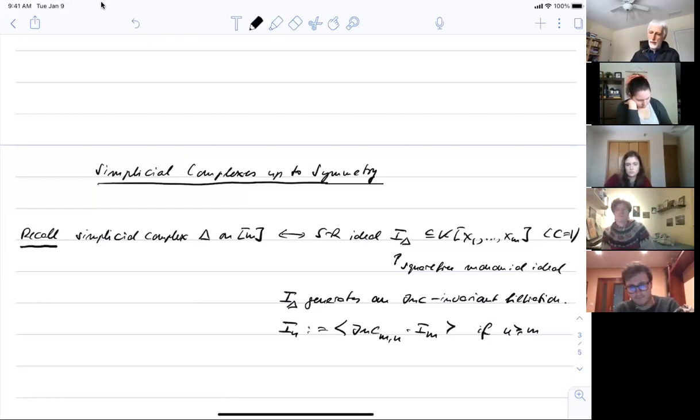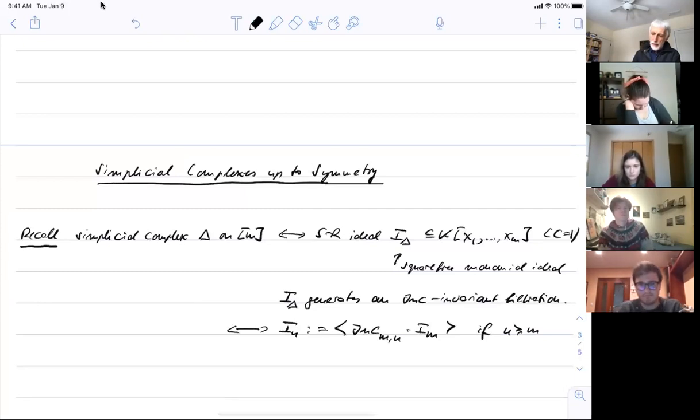But if you start with a square-free monomial ideal, this will be again a square-free monomial ideal. So it will correspond to a simplicial complex.